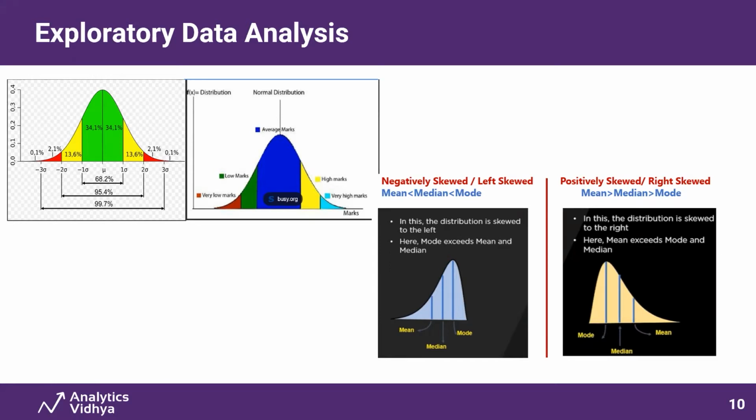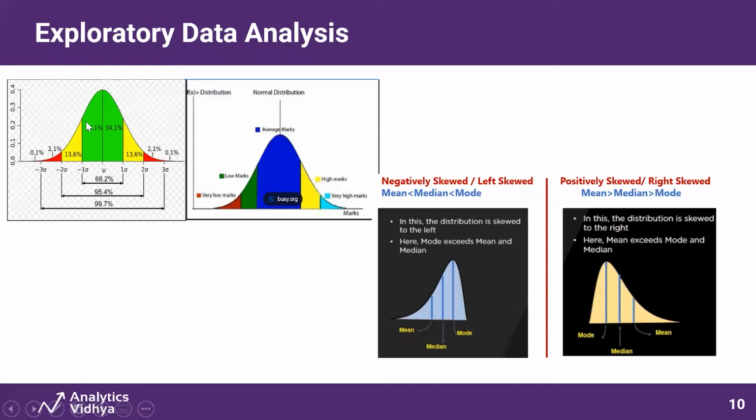Most of the time, if you see here, 68.2% of the data lies between mu plus minus a standard deviation. So what is mu? Mu is my mean point, and plus minus standard deviation. 95.4% of the data stands between mu plus minus 2 standard deviations, and 99.7% of the data lies between mu plus minus 3 standard deviations.